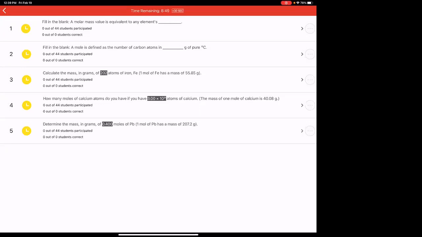Number 2 is a lot like your quiz question, but oh so slightly different because this one's referring to a specific isotope of carbon. So watch that.